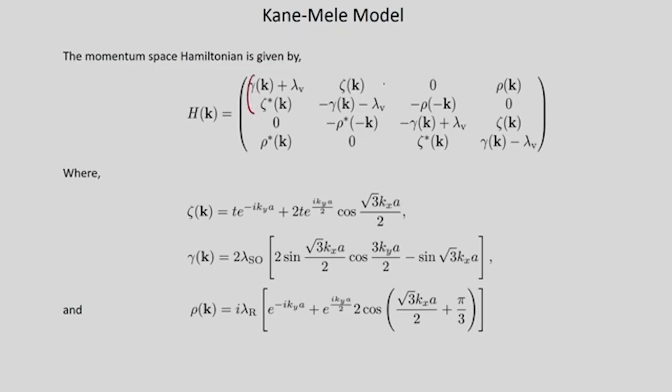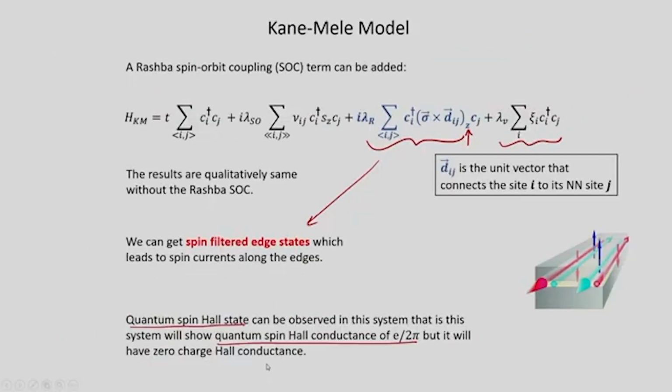This is a block here, this is a block here, but the blocks are being mixed by these off diagonal forms which are written in terms of rho k, and the rho k, if you look at it here, is purely coming out from the Rashba term. Okay, and this is a little lengthy derivation, but one should be able to do it without much problem, because one just needs to Fourier transform each one of the terms that we have written in the Hamiltonian.